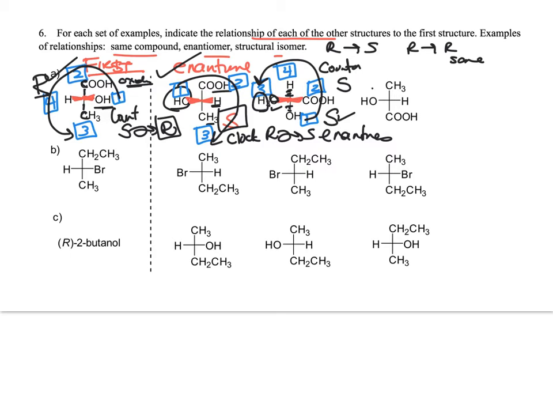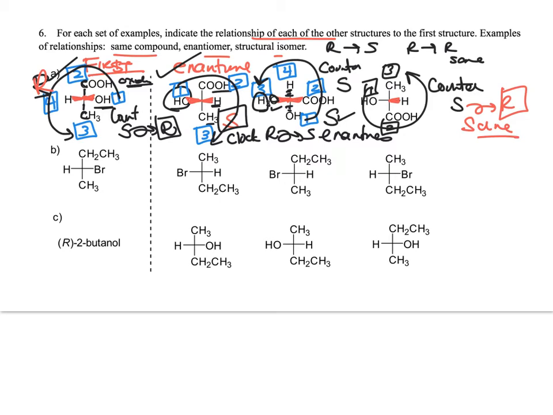This compound here, 1, 2, 3, counterclockwise. Counterclockwise is S, but your hydrogen is coming at you, so S goes to R, and the first one's R, so this would be the same.